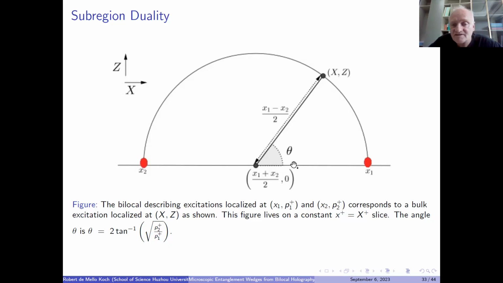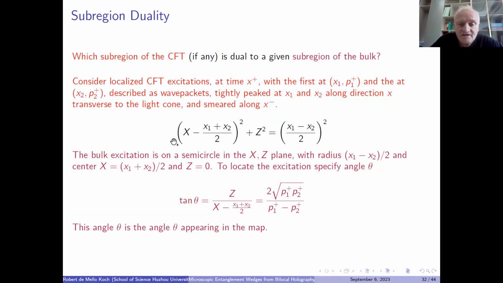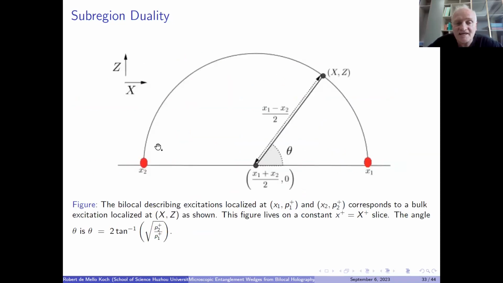So this is the boundary where the CFT lives. The vertical direction is the holographic z direction. If our excitations are localized at x1 and x2, then this equation written in black on the slide tells us that the bulk excitation sits somewhere on this semicircle. To tell exactly where it sits, we have to specify this angle theta.